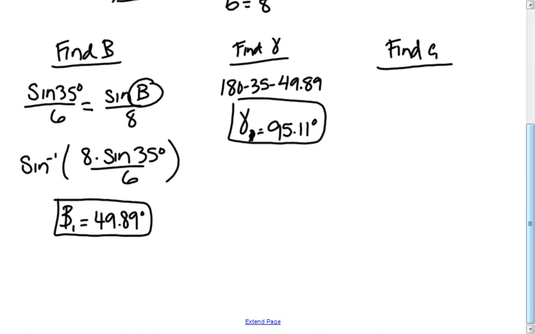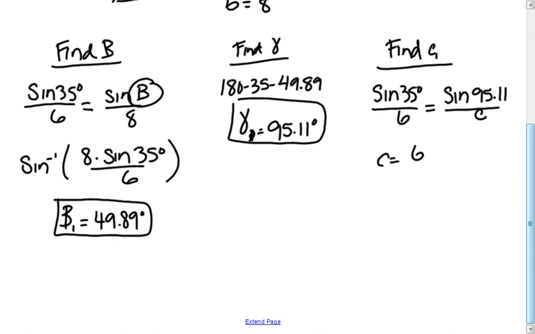Again, you'll set this up. You'll have an angle and a side opposite of it. So C will be 6 times sine of 95.11 divided by sine of 35. And you can type all of that into your calculator, and C should come out to be 10.42.